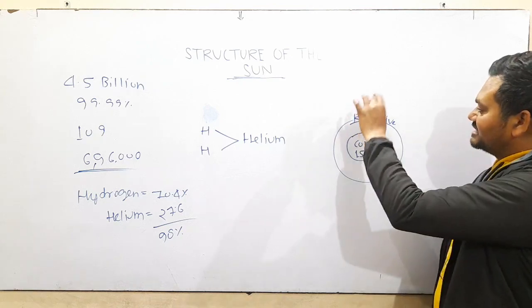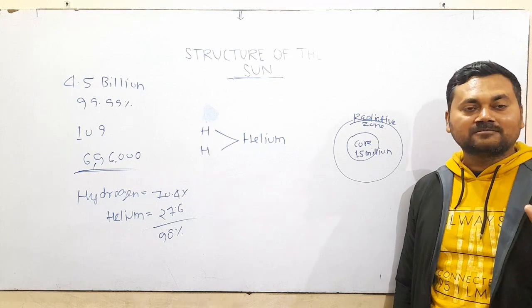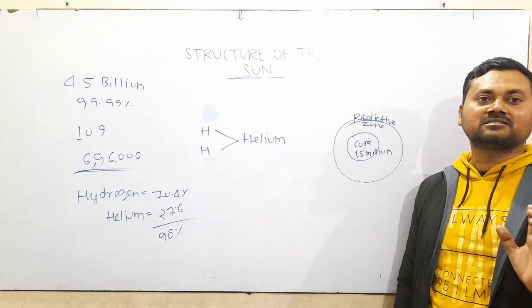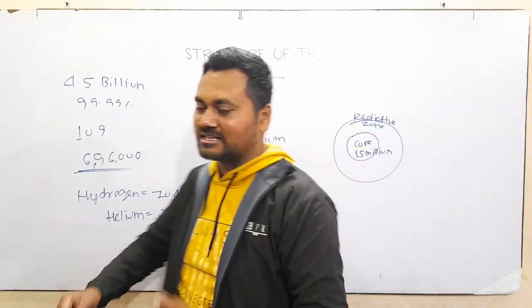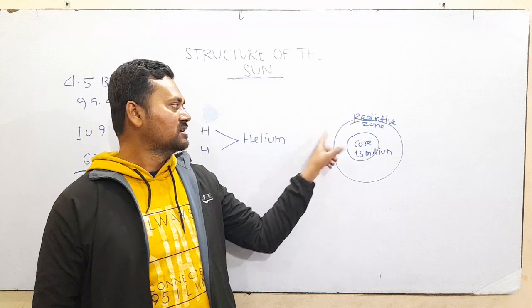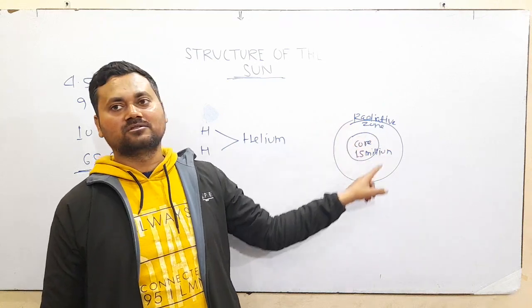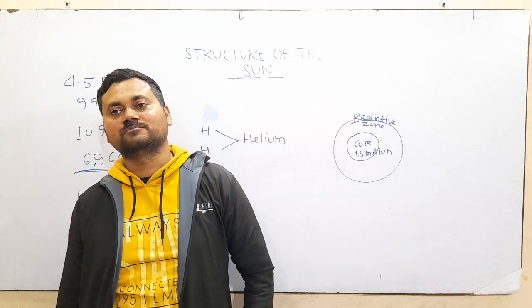And in this radiative zone, X-rays, gamma rays, and photons are formed. Photons are the light carrying particles, formed in the second layer of the Sun, the radiative zone.